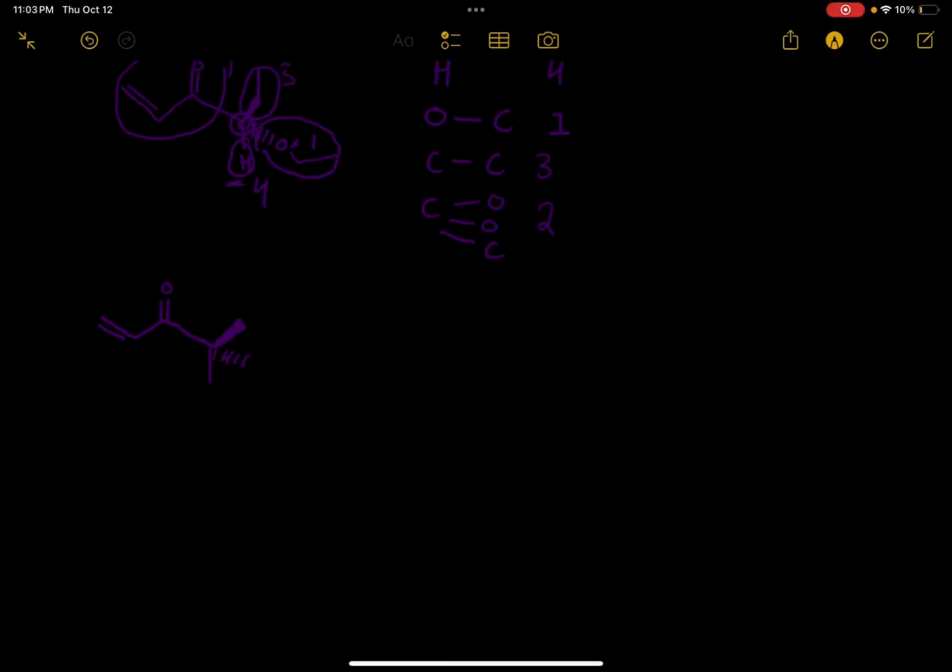So the highest priority, which is oxygen, is gonna go on the bold towards us. And as we said, the least is in the back, so H, and the methyl group is here.